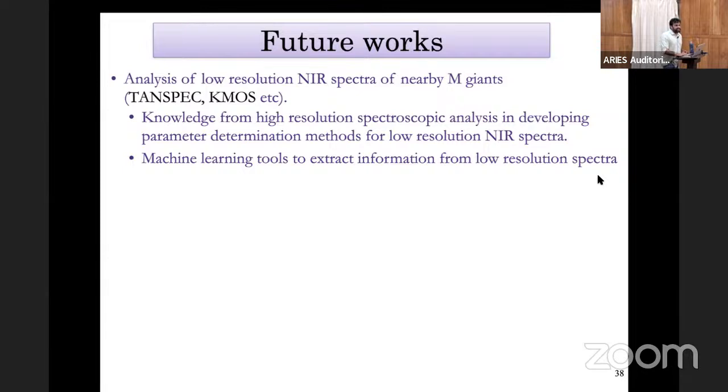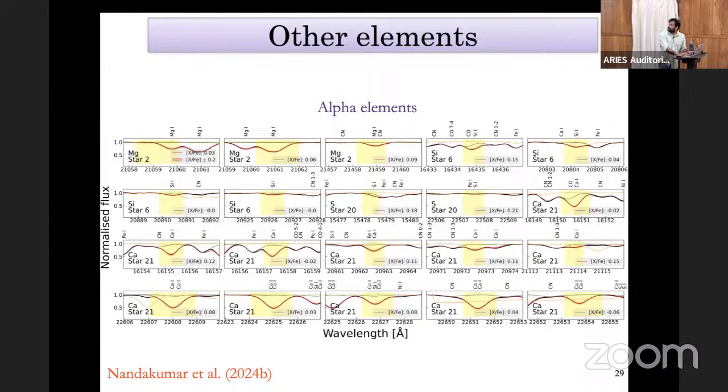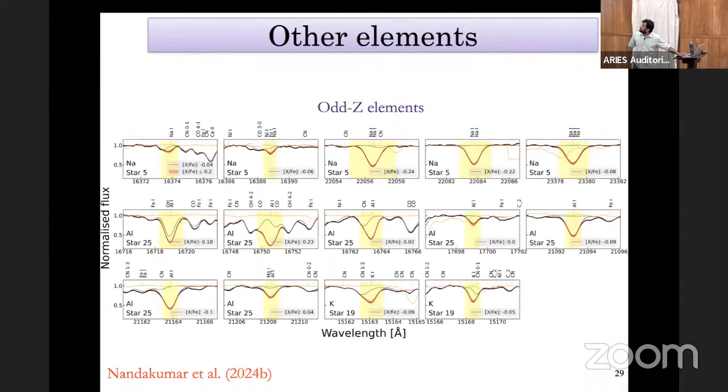So for example, I have tried to show here the telluric, though I don't think it is clear. The orange line here is actually telluric. I made sure I choose the lines which are not affected by telluric. For example, here there is a telluric affecting, but we are able to do a proper correction of that.